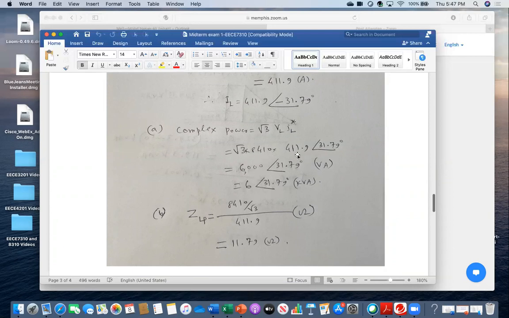I think this number looks like it should be much higher than 6,000 because your current is 8,410, multiplied by 411. So probably this will be my kVA then.